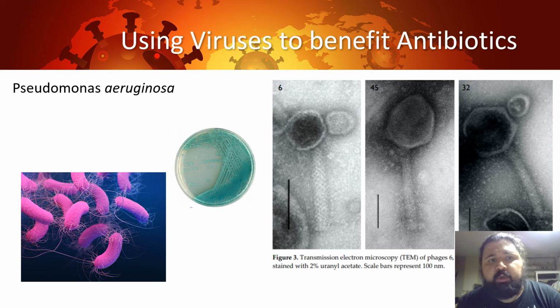I came across this journal, Viruses, which was talking about how scientists were using these bacteriophages to make bacteria that are already becoming more and more resistant to antibiotics more susceptible, or go back to being susceptible, to those same antibiotics. So here we have Pseudomonas aeruginosa bacterium, which is more commonly found in natural sources of water like lakes and rivers, and is one of the more common bacteria that is tested for in drinking water.